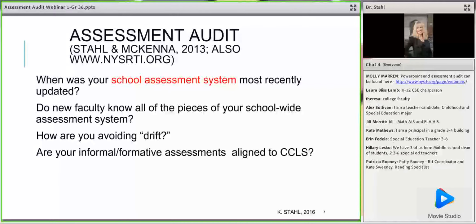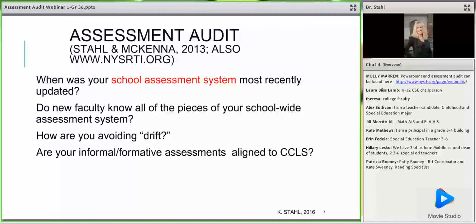Often, we continue to add assessments one after the other, as policies change, as new administrators come on board, as assessment trends change and that pendulum swings in education. We seem to just keep adding things on and on, rather than really making sure that we are also eliminating some assessments that no longer serve their use, assessments that may be redundant because we've added other things on.